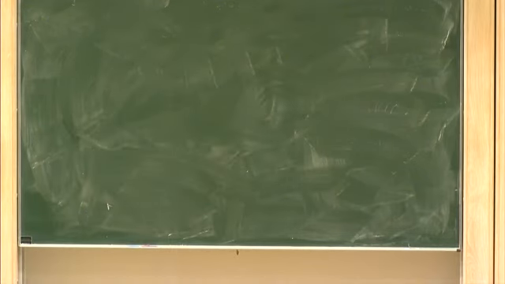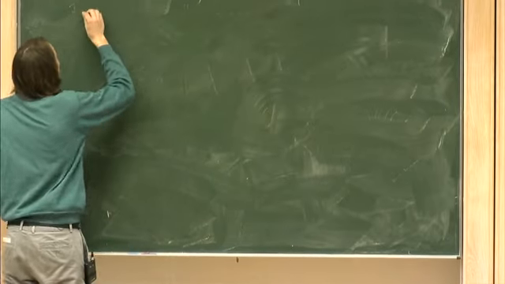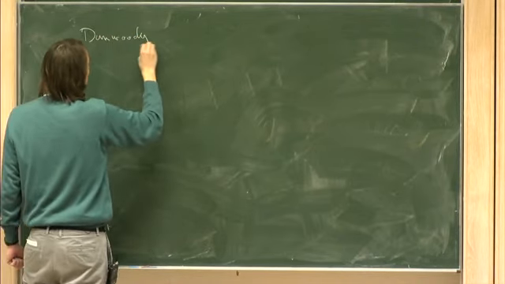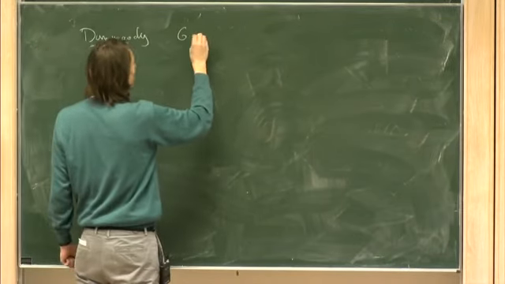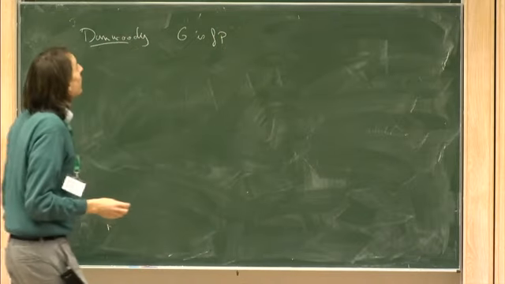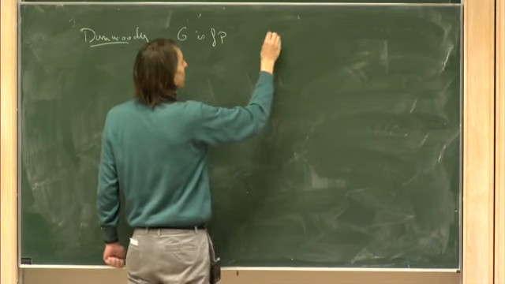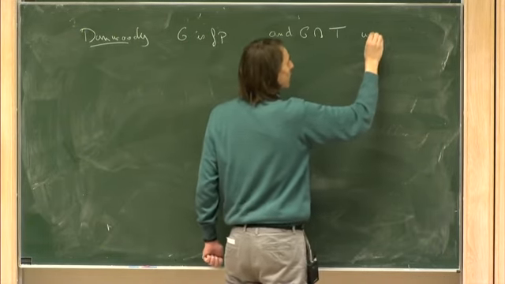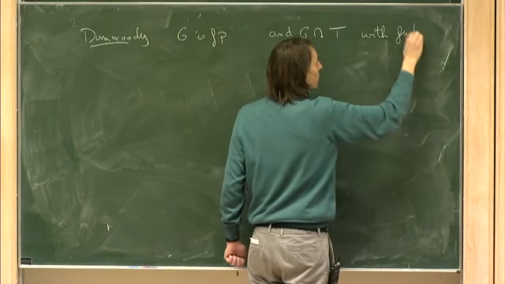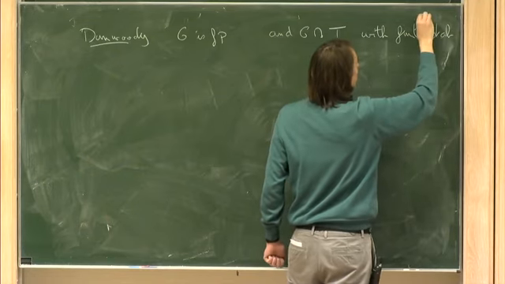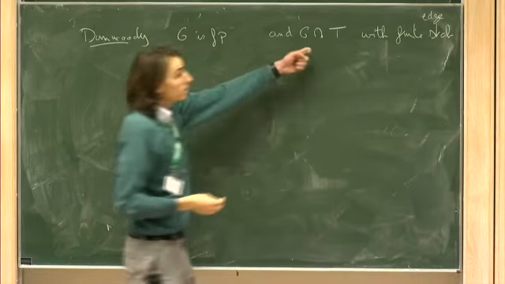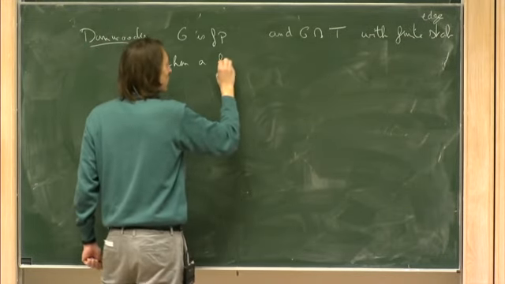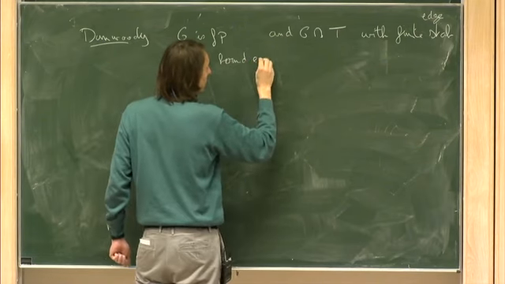So in the case of finitely presented groups, Dunwoody says if G is finitely presented and acts on a tree with finite edge stabilizers, then the number of edge orbits is actually bounded. Then a bound exists.